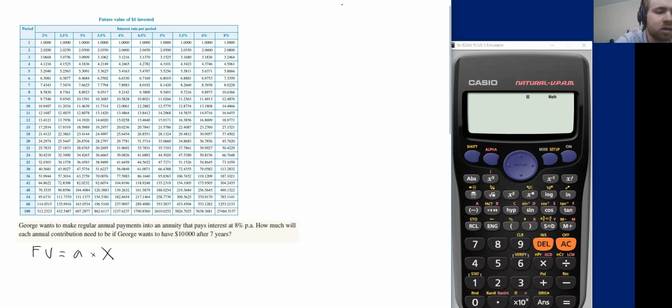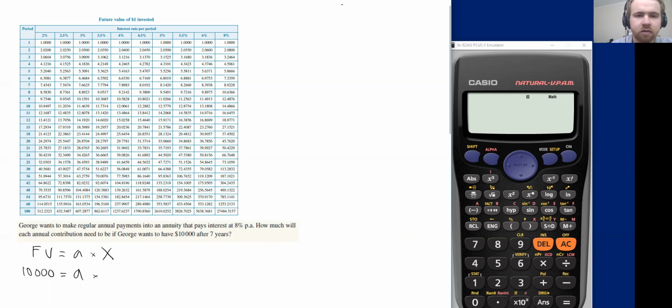So we're going to put 10,000 on that side of the equation. We're going to leave A there, and then we can find X using our table. So we notice that it's 8% per annum, and we're talking about annual payments and annual contributions.